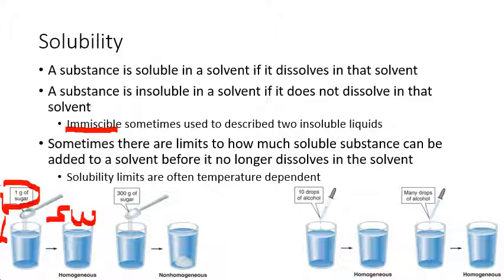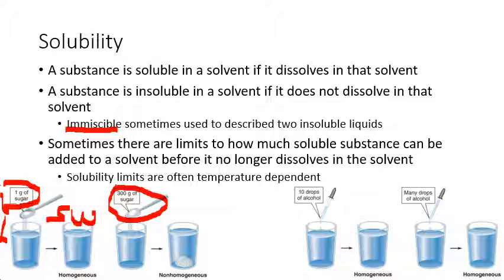You could add another gram of sugar, and you could keep adding sugar, but eventually you're going to run out of water molecules to dissolve that sugar. If you took a ton of sugar, like 300 grams, that's like a whole bag, and you dissolved that into a cup of water, a good amount of it will go into solution. But eventually the sugar is going to stop dissolving because there's not enough room in the water for all that sugar.